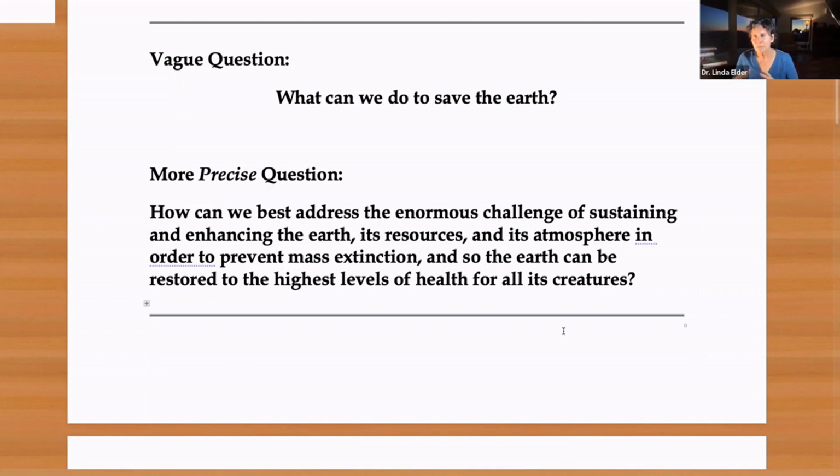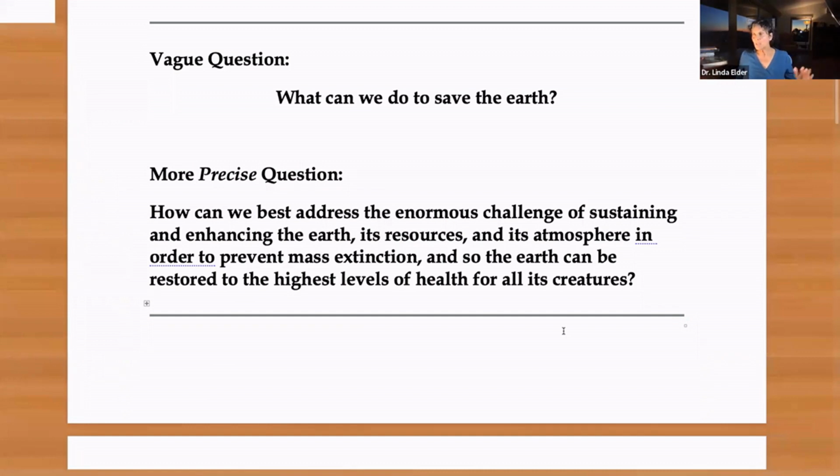Now, in detailing that, what I wanted to make sure that I included was, by the way, at first I had challenge, and then I added the term enormous, because we want to see that this is a very, very large set of problems. And we've got to face that, of sustaining and enhancing.